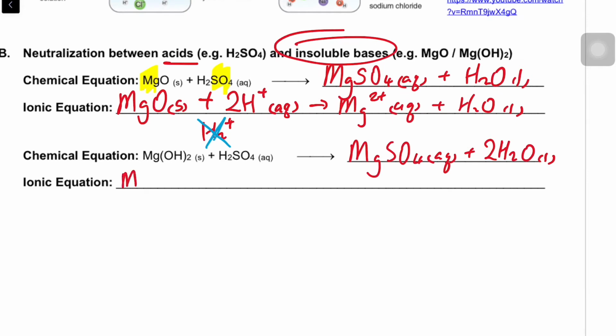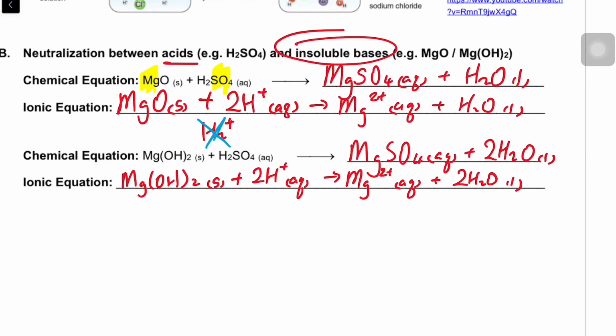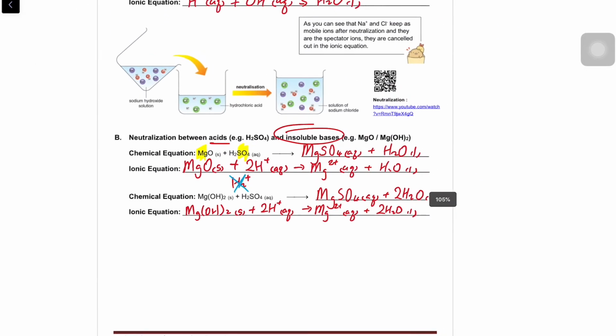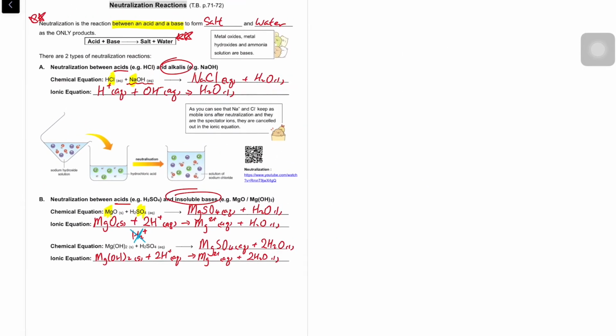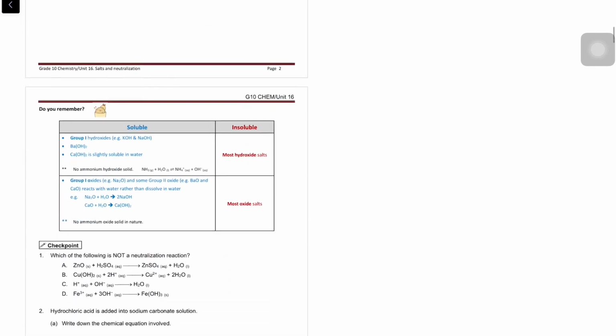Again, the hydroxide ion cannot be cancelled out. It exists as a solid. And we get two hydrogen ions here to form magnesium ion and two H2O like this. So this will be the basic principle for neutralization.